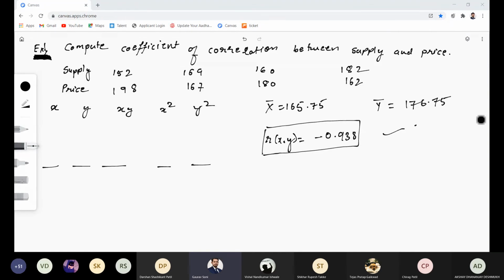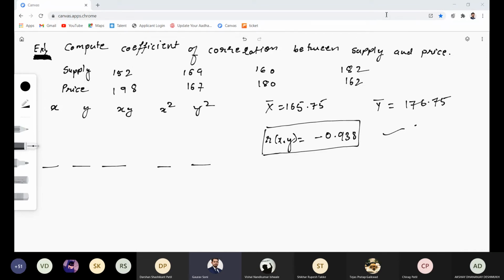There are very important things: regression A plus BX, and first one variance. If you get variance, you can quickly take the under root, and that will be the standard deviation. So this will be very helpful for you. I will leave it as an exercise that you explore your calculator, and you will be able to solve the questions very easily.